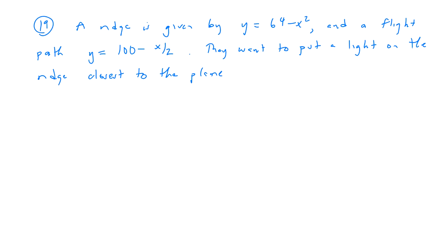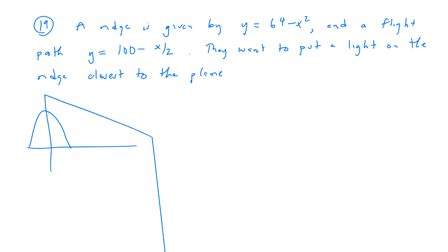So over here, I'll exaggerate, there's the ridge, the y equals 64 minus x squared. And then we have the flight path. So what I'm going to do is find the point on this flight path that is as close as you can get. And obviously that point is not it.